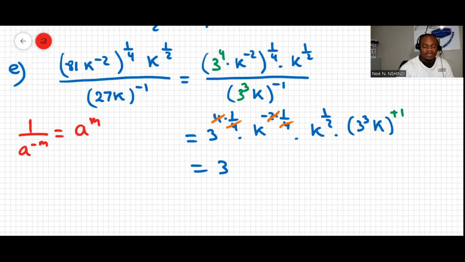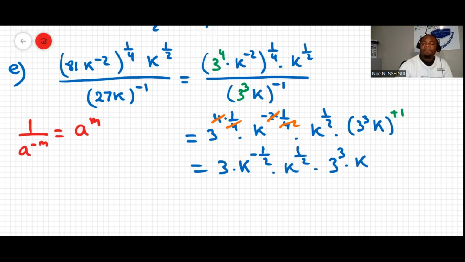And then this will be like 3 times k to the negative 1 over 2, multiplied by k to the 1 over 2, times 3 to the power 3 times k.